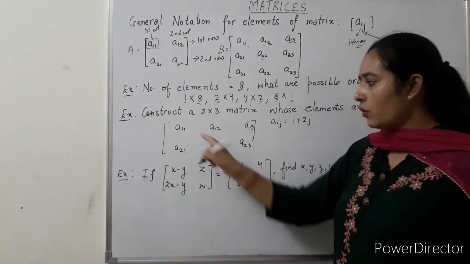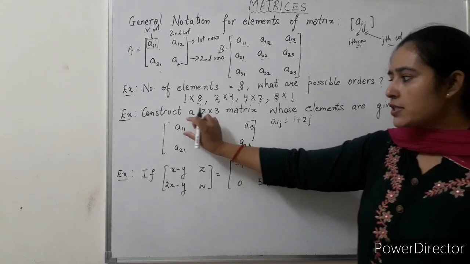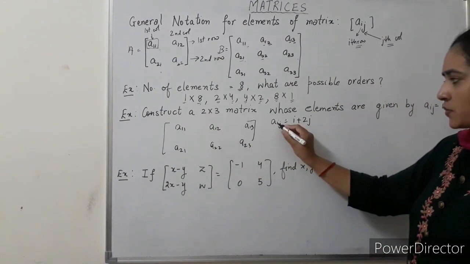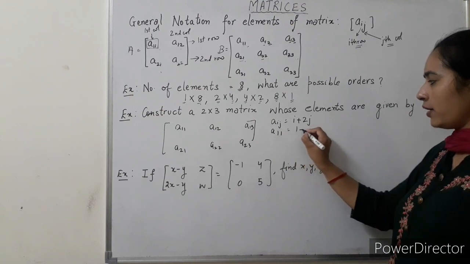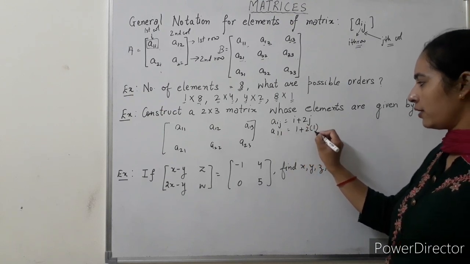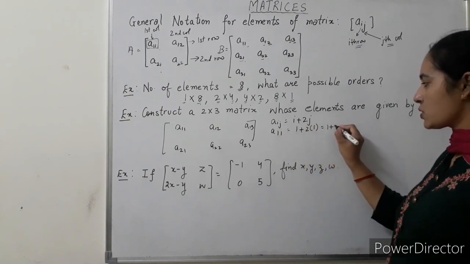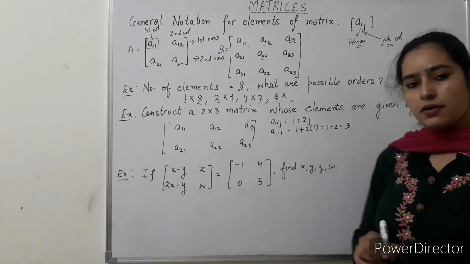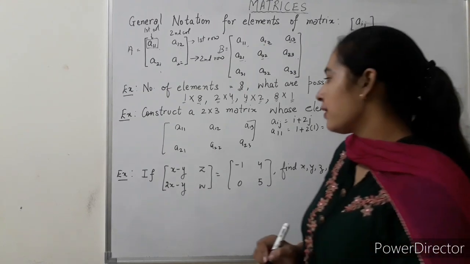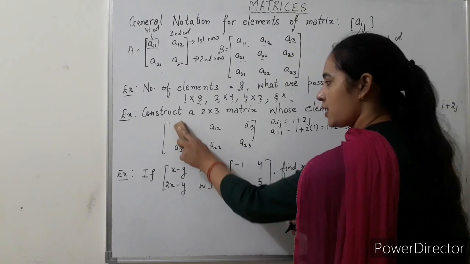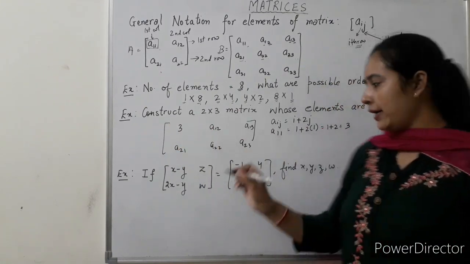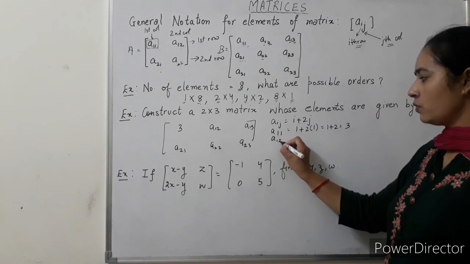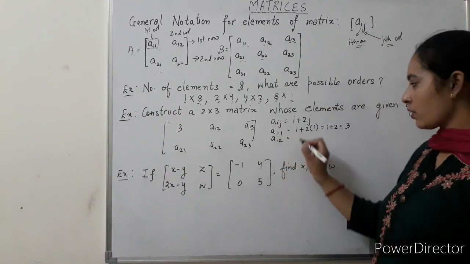Now what will be A11? Which element should be here? Substitute here. A11, you will get 1 plus 2 into 1, that is 1 plus 2 equal to 3. This means A11 is equal to 3. Now to find A12, what you shall do?